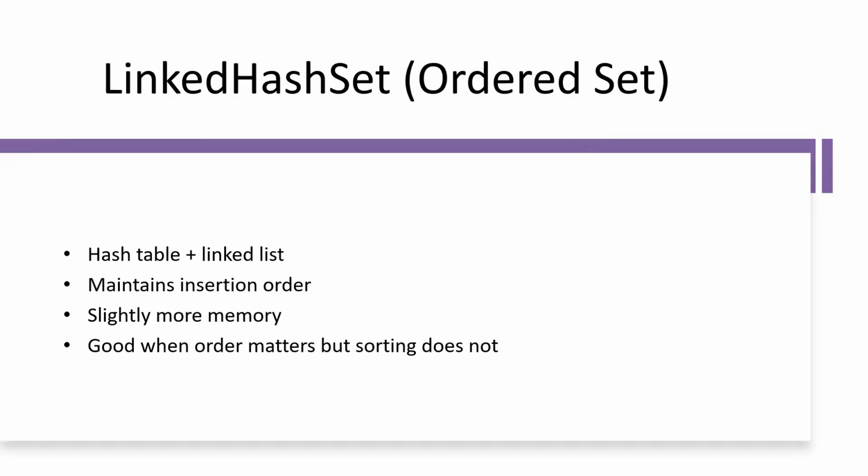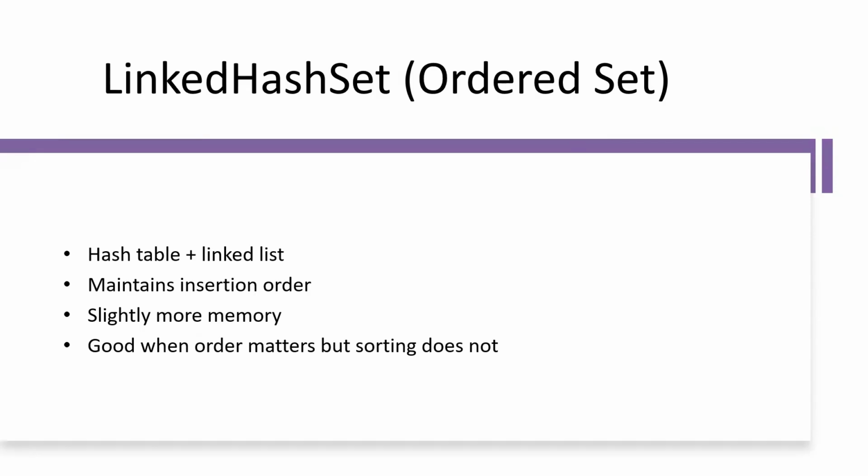The next concrete implementation of the set interface is the LinkedHashSet. It's backed by a hash table and a linked list. So essentially what that means is that you have the functionality of uniqueness of the hash table.